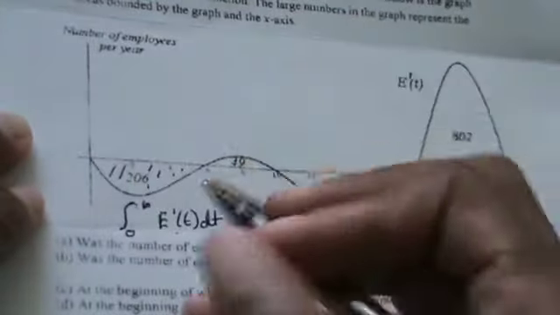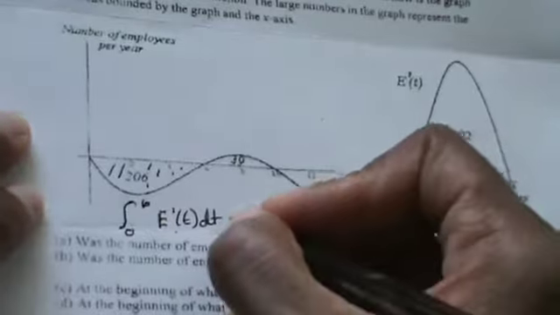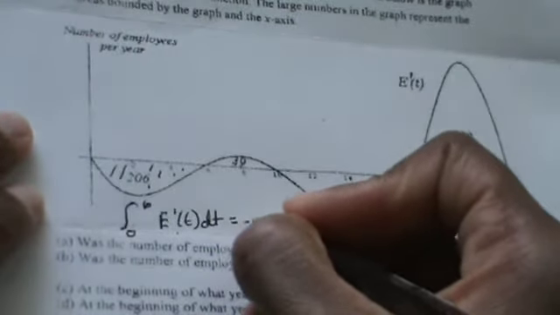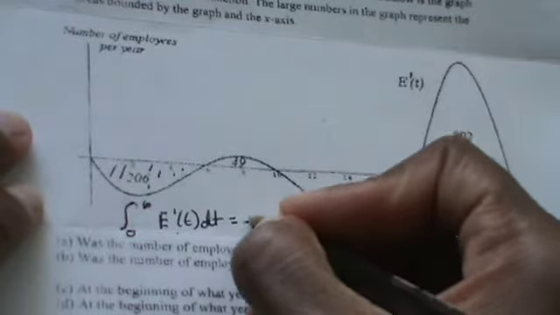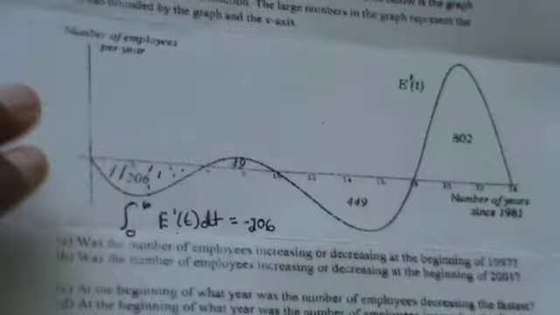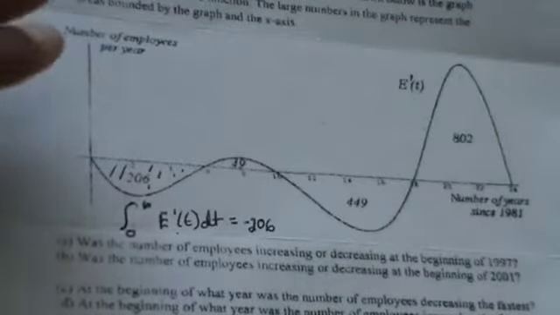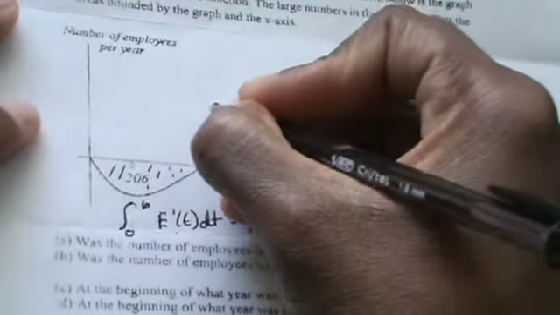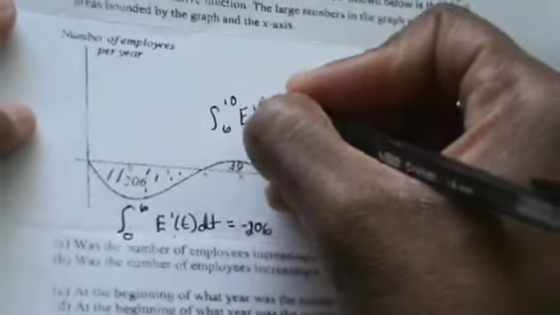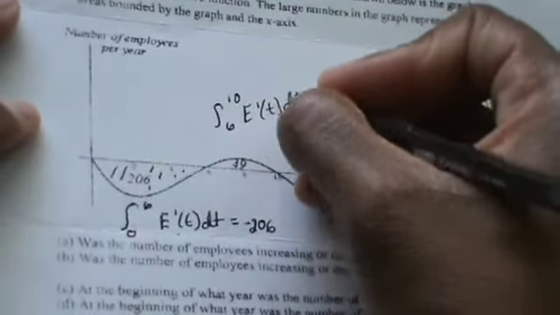So that's what this is, but you have to be careful because this antiderivative is directional, as I said in my last video. This should equal negative 206, to indicate that the region is below the x-axis. Now we could do the same thing for the other ones as well. This next one is the integral from 6 to 10 of E prime of t dt.